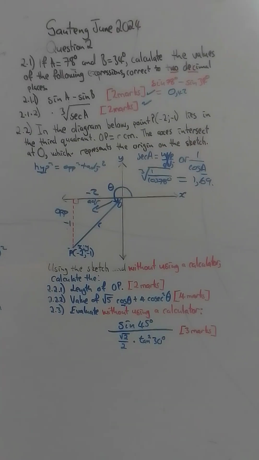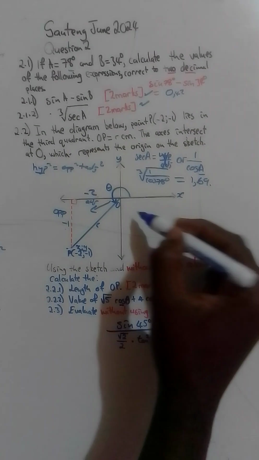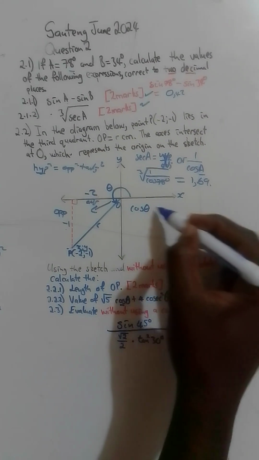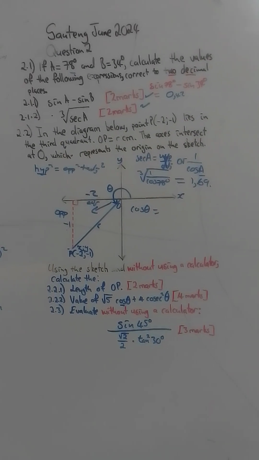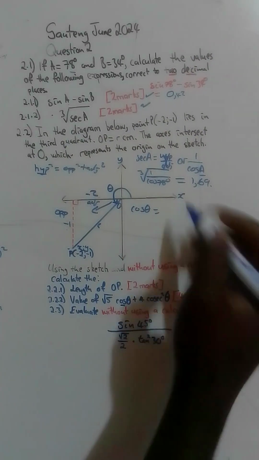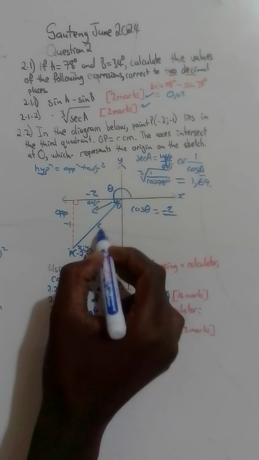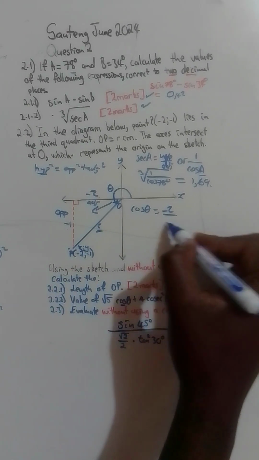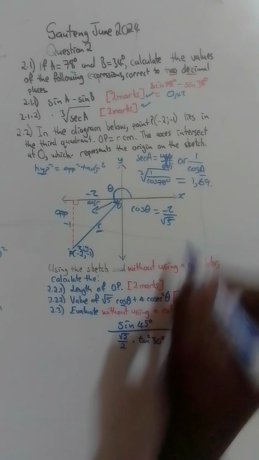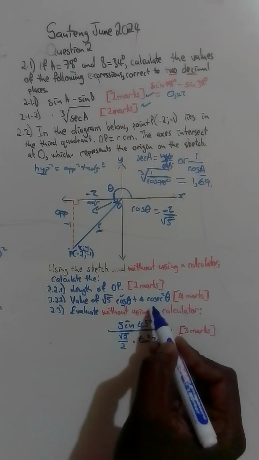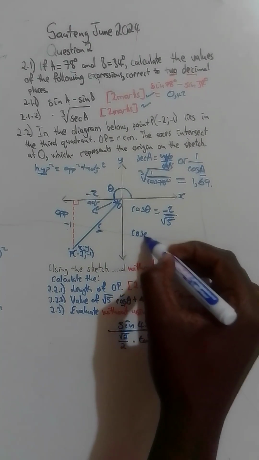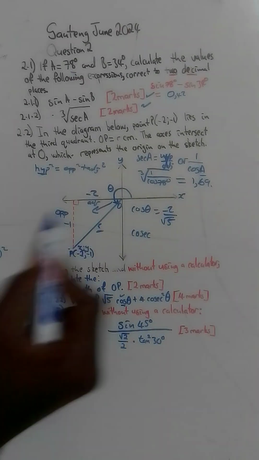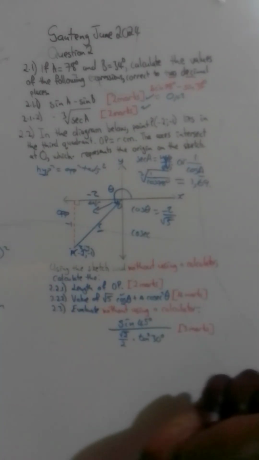What's my cos theta? When I say cos theta, I say adjacent over hypotenuse. My adjacent is -2, so I've got -2 over my hypotenuse, and I found square root of 5. So I found the first value. Now cosec. Because we are dealing with the sides, we are not going to use the trig ratio, which is about angles.